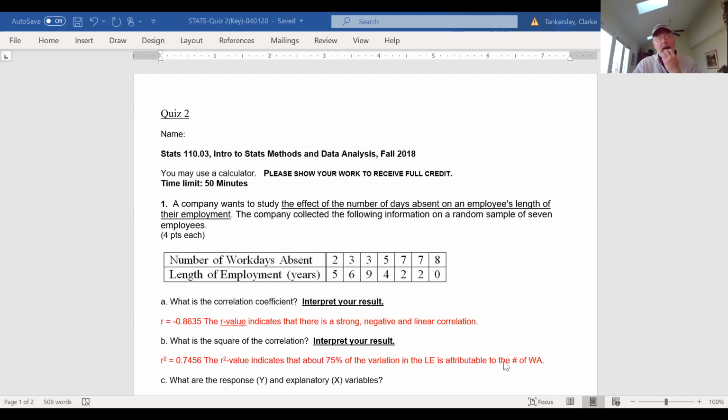So that is a relatively nice statement. 75% of the variation in length of employment is attributable to your absence, or your obligation to get to the job. All right.